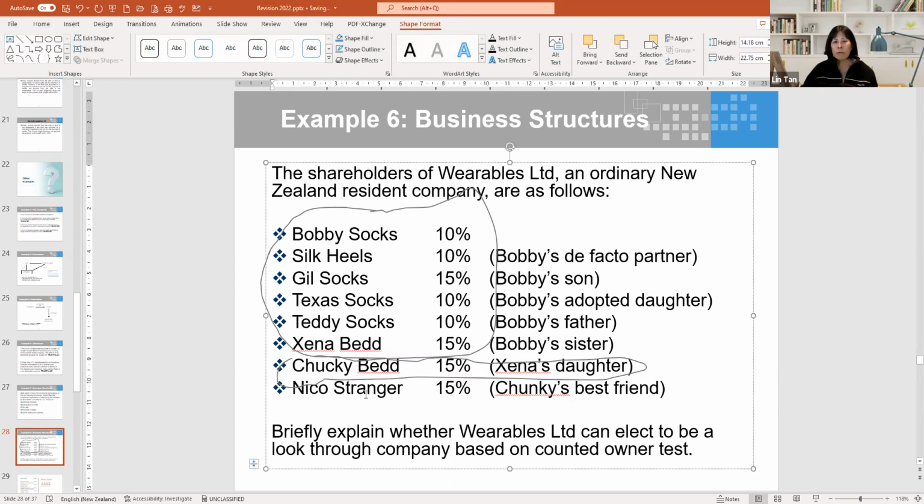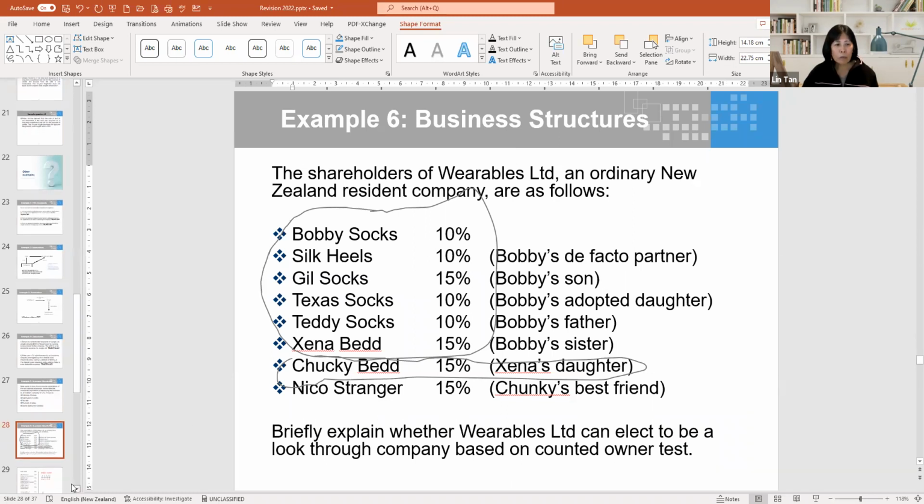And then we have Nicole, who is just a friend and is not related to anybody, who will be another owner. So in total, we have 1, 2, 3 owners, and therefore it satisfies the look-through counted owner test. And just referring to this test, it will be eligible to elect to be an LTC.